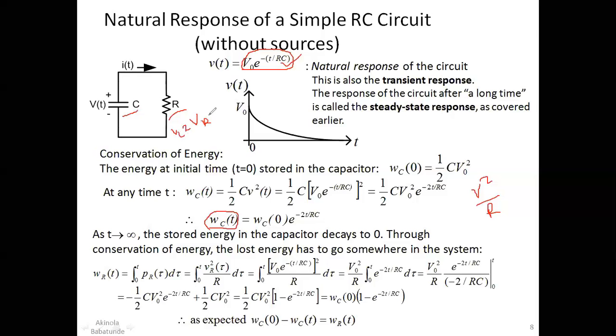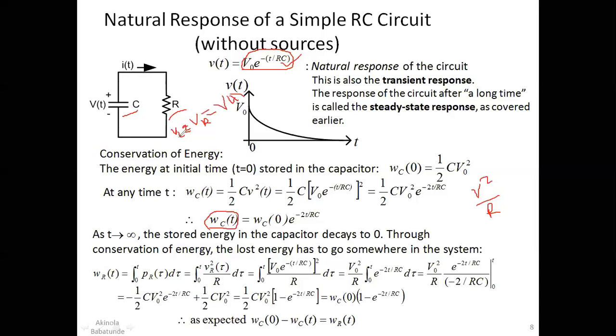For our VC, we obtained a particular value, so you can say that our VR will be equal to V naught exponential minus t over RC, because this V of t here will stand for both of them.